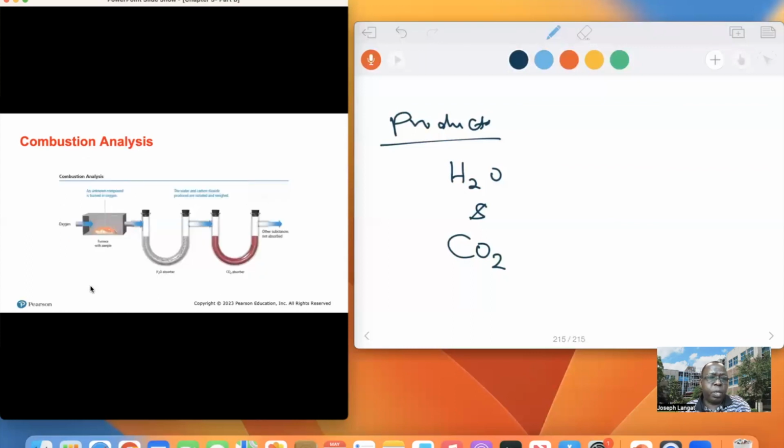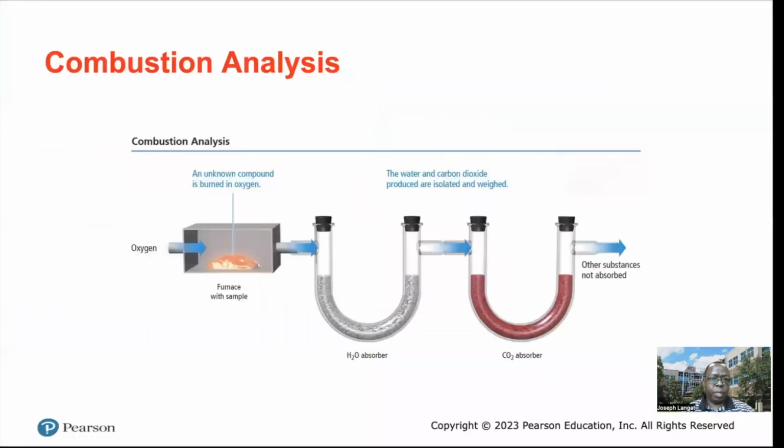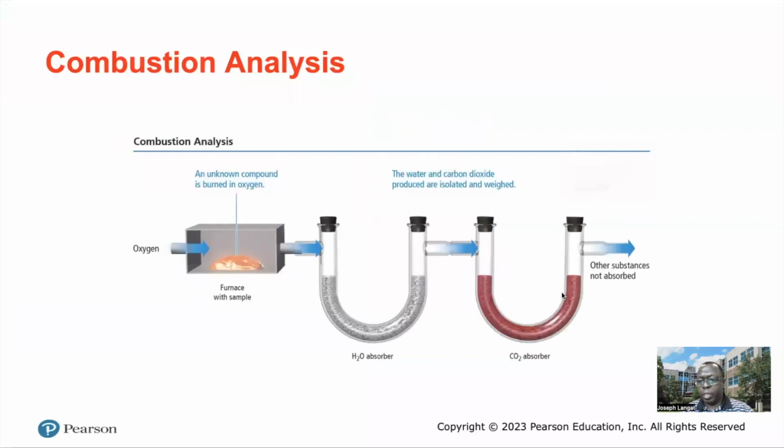Probably one example will illustrate, but here is the representation of what entails combustion. Generally, a sample is placed in a furnace. Oxygen is combined with or burns the unknown compound of known mass. By the way, you should know the mass.